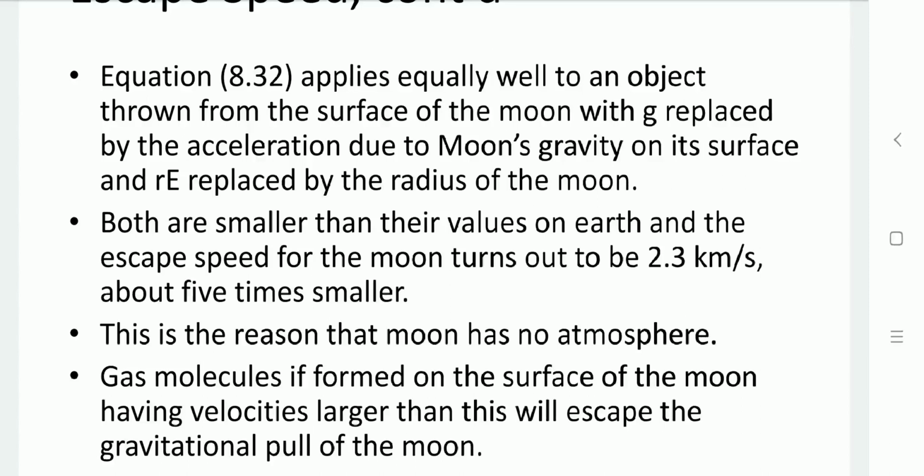So the escape speed of the Moon is smaller than that of the Earth, about 2.3 kilometers per second, which is about 5 times smaller. That's why the Moon has no atmosphere: gas molecules formed on its surface with higher velocities than the escape speed escape the gravitational pull of the Moon.